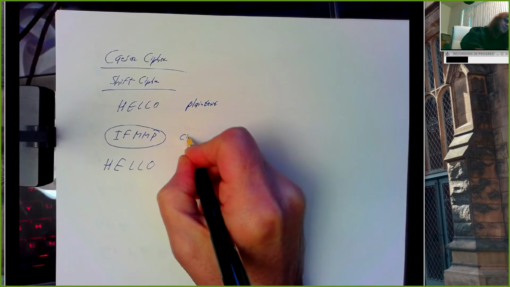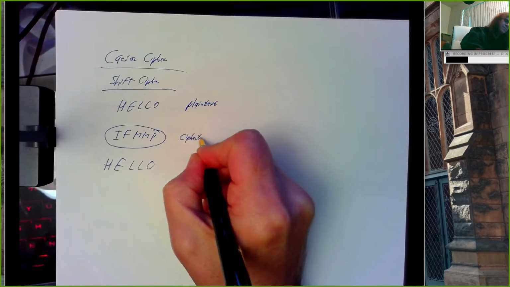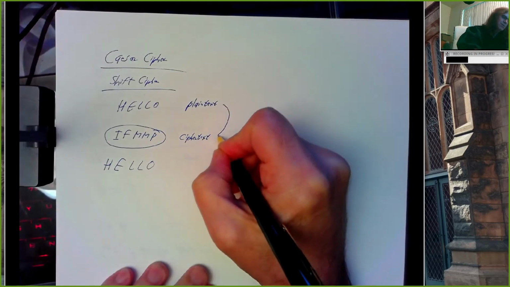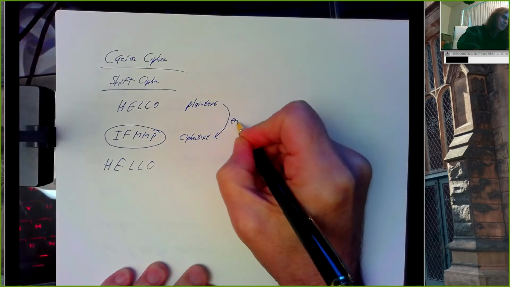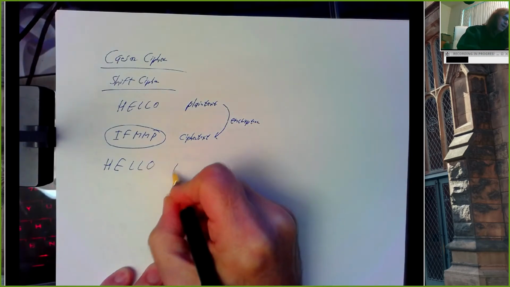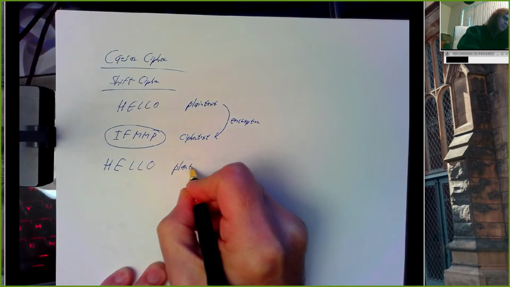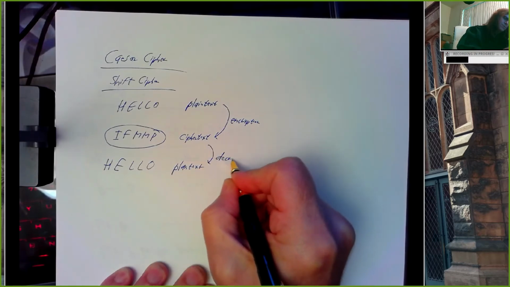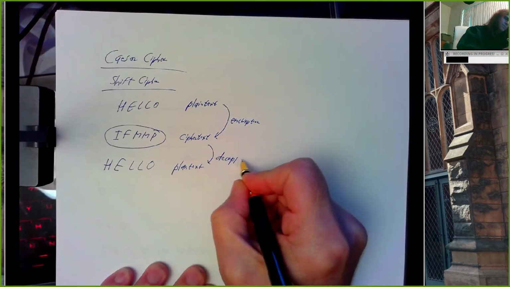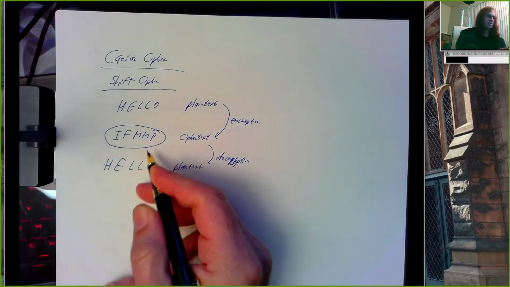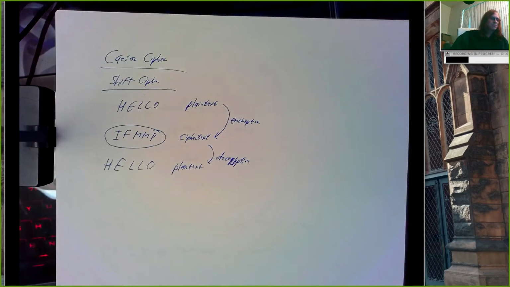This is ciphertext. And the process of going from here to here, this is what we call encryption. To turn this back into plain text, that's the process of decryption. And this is encrypted, this is decrypted.